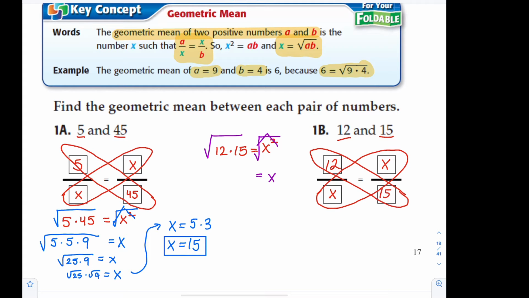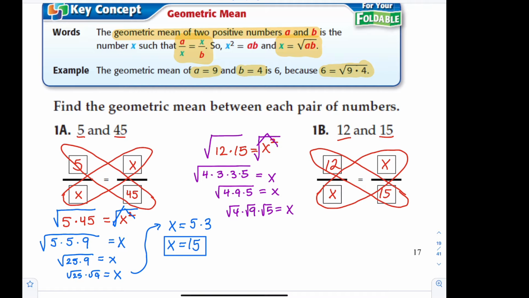The square root on the right hand side just gives us x, and now we have to evaluate the square root on the left. 12 can be factored into 4 times 3, and 15 into 3 times 5. Since 3 times 3 is 9, a perfect square, we can put those back together and find perfect squares underneath the square root. Both 4 and 9 are perfect squares, but 5 is not.